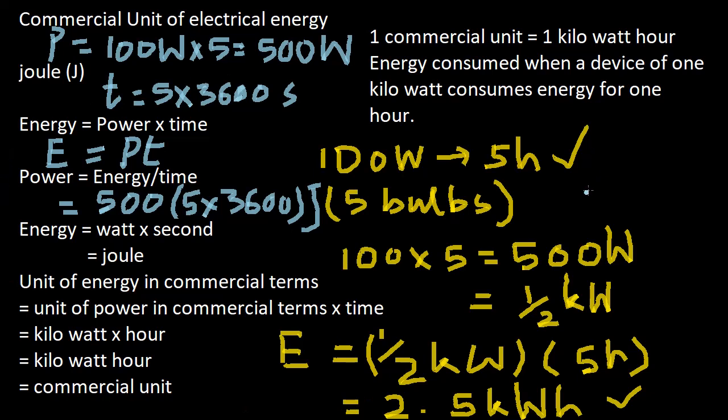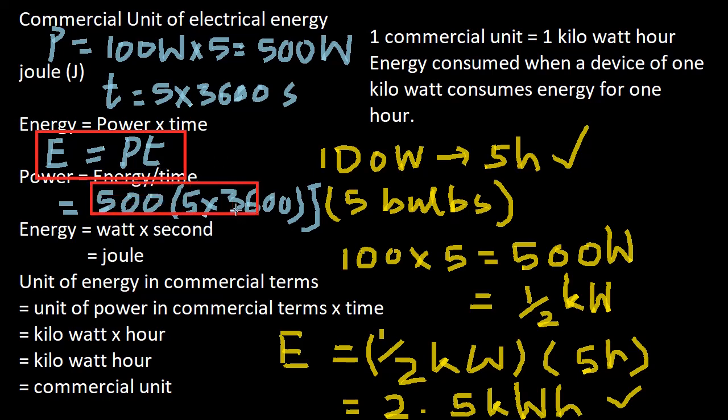So I have shown you what commercial unit is and how we calculate the electrical energy in commercial units. I have also shown you how you can calculate electrical energy in SI units. Remember always that whether it be commercial units or SI units, we always calculate energy using this expression, that is E is equal to P times T, that is energy is equal to power into time.